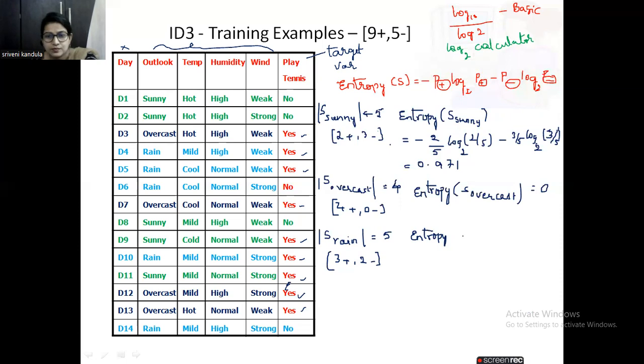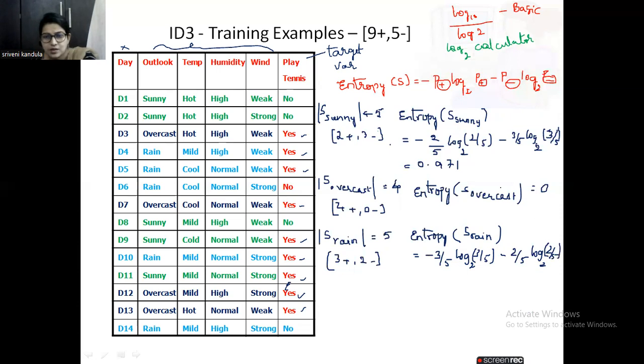Entropy of S rain is equivalent to minus 3 by 5 log base 2 3 by 5, minus 2 by 5 log base 2 2 by 5.